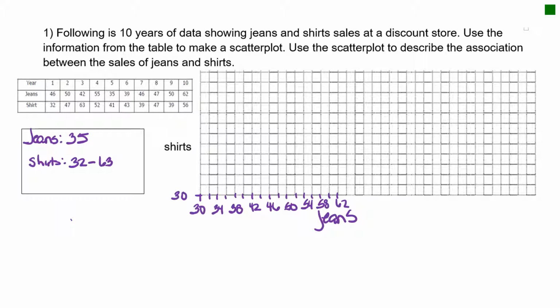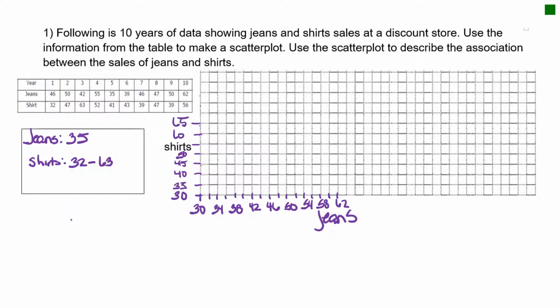Can we count by 2s? 30, 32, 34, 36, 38, 40, 42, 44, 46, 48, 50, 52, 54. Nope. So let's count by 5s. So we have 30, 35, 40, 45, 50, 55, 60, and 65.